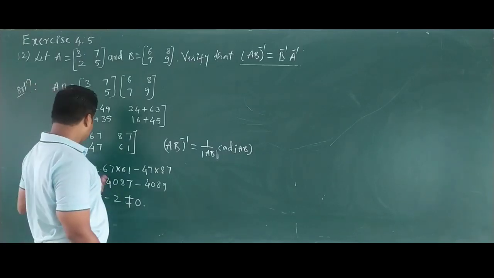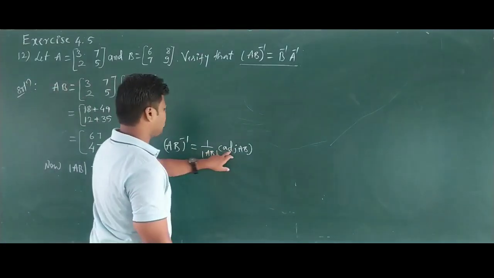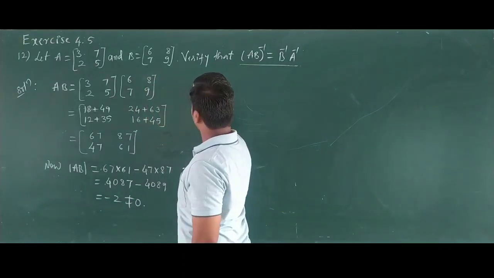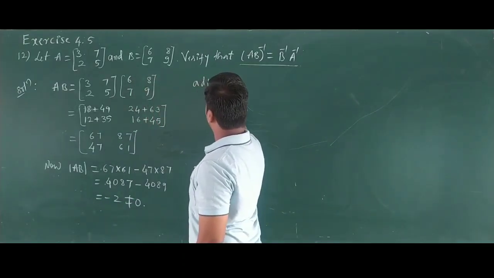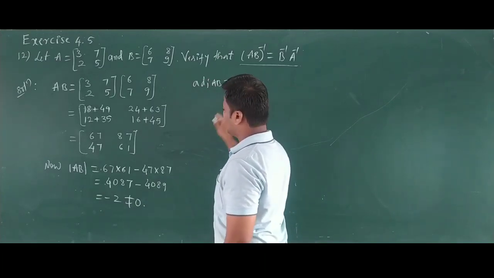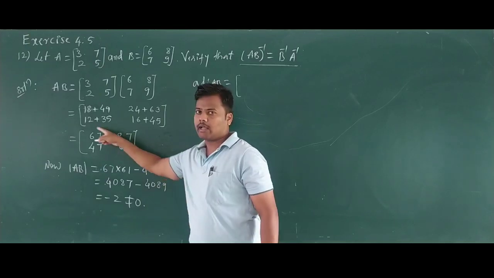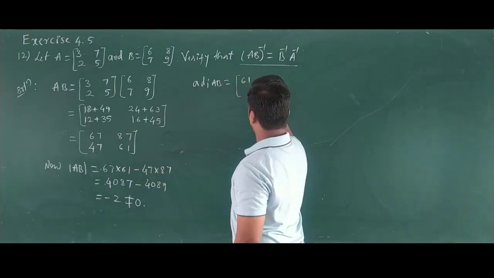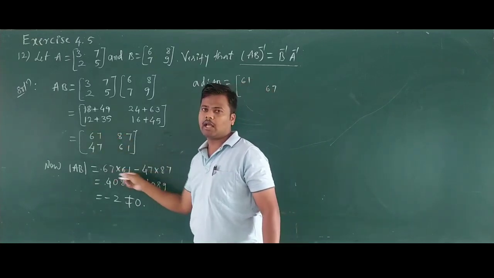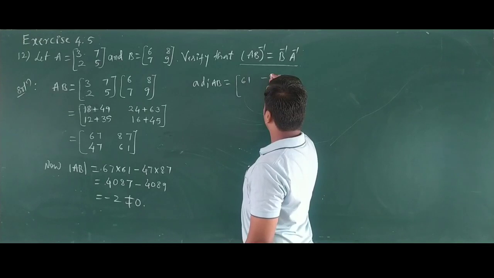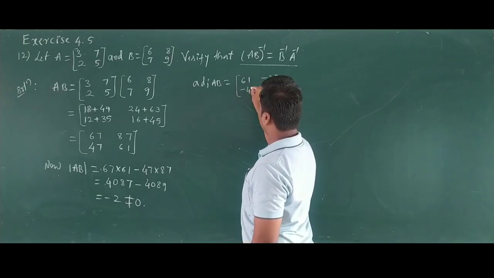Now we have to find the adjoint of AB. Adjoint of AB is just interchange the diagonal elements: 61 will come, 67 will come. Interchange the diagonal elements, then change the sign: minus 87, minus 47.